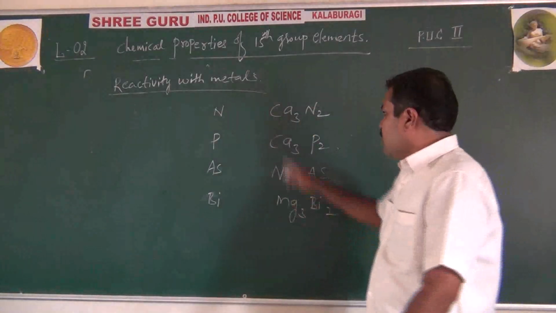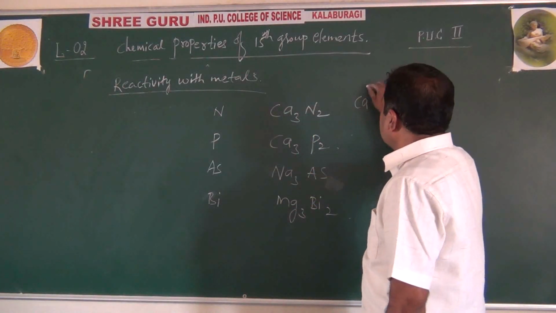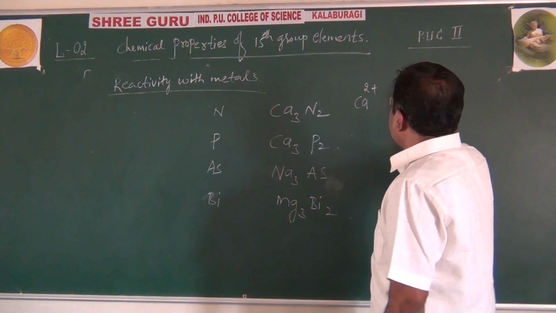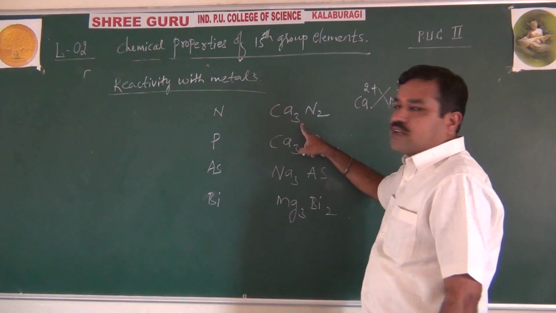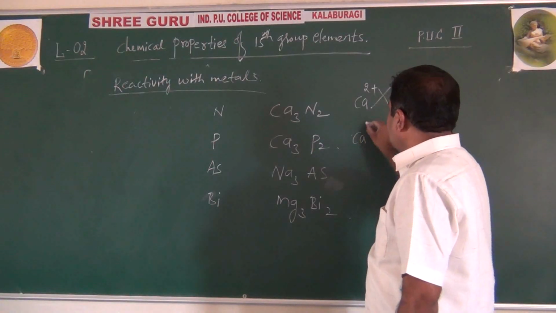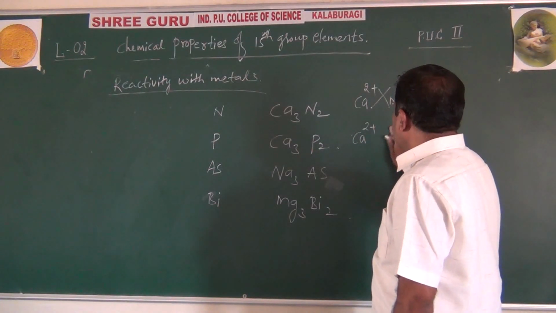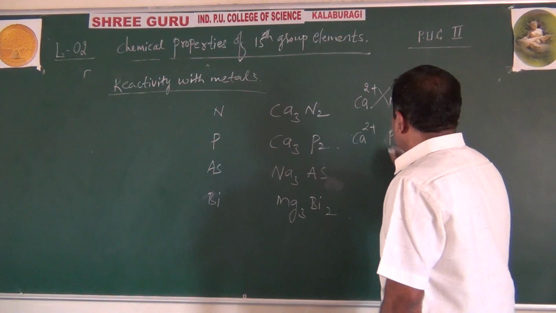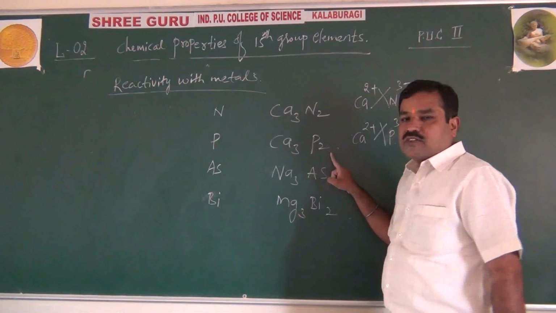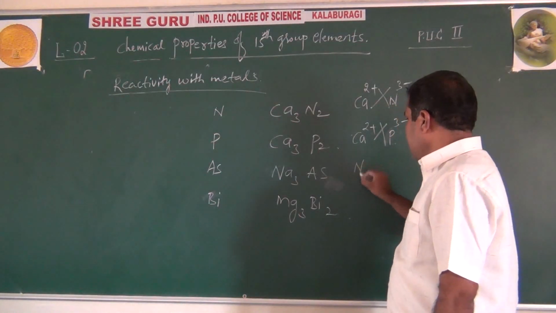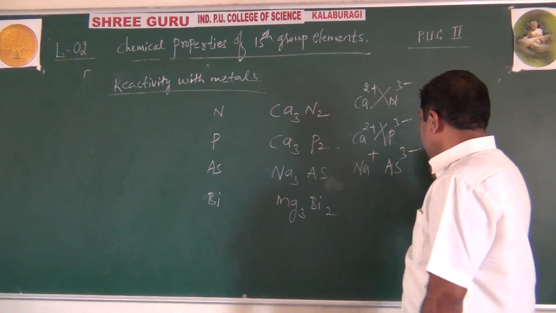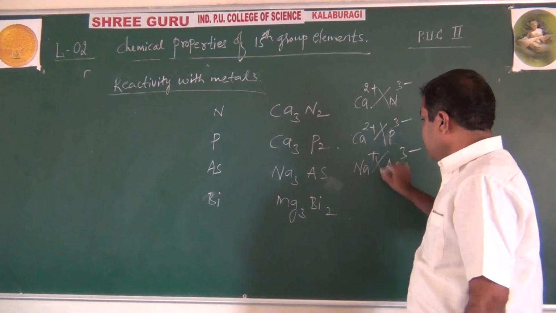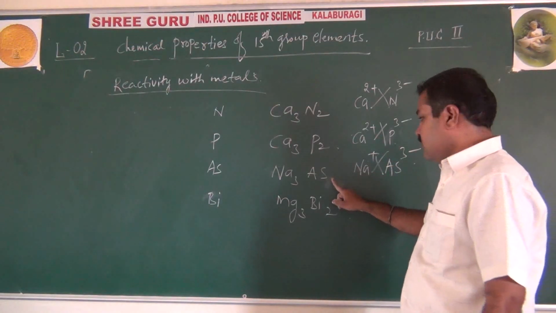I will tell you how to remember this. Calcium is Ca2+, nitride is N3-. That's why, cross multiplying, calcium nitride. Ca2+ with phosphide P3-, minus 3 oxidation state, gives calcium phosphide. Sodium arsenide: Na+ and As3-, a negative oxidation state, therefore Na3As.